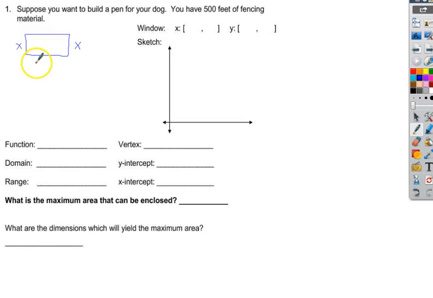So the total fencing we had was 500, and we're going to subtract 2x, right? And we have two of these sides, so this one is half of that, and the other side is 500 minus 2x divided by 2. We can go ahead and simplify this, and we will get 250 minus x.